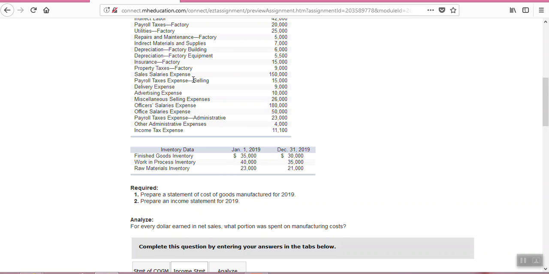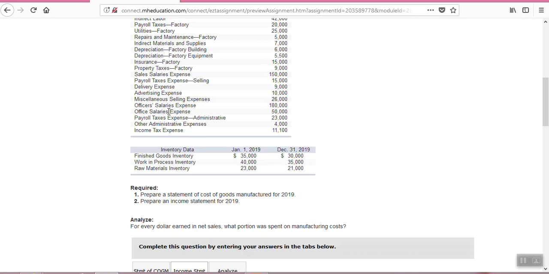And then, of course, payroll taxes associated with that would also be a selling expense. Delivery expense is considered a selling expense. Sometimes companies offer delivery as kind of a perk to sell stuff, so that's the reason behind that. Advertising, of course, is a marketing or selling expense. That one's labeled selling. So those right through there are your selling expenses.